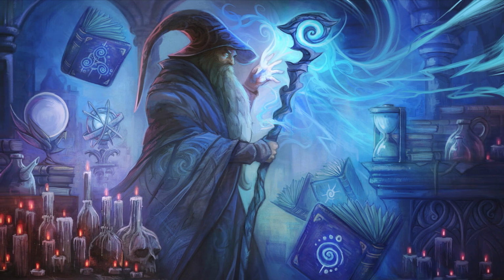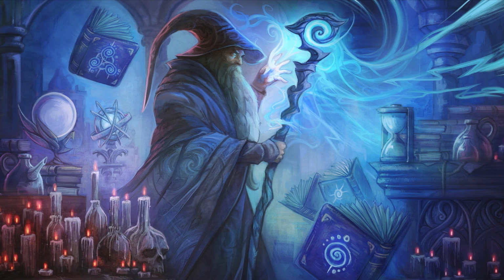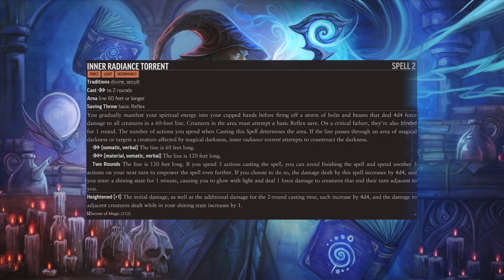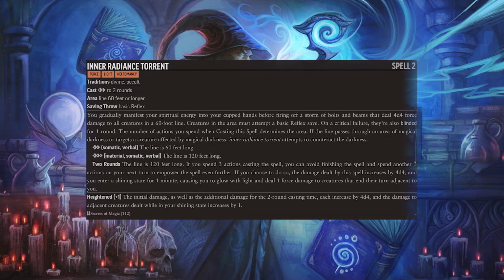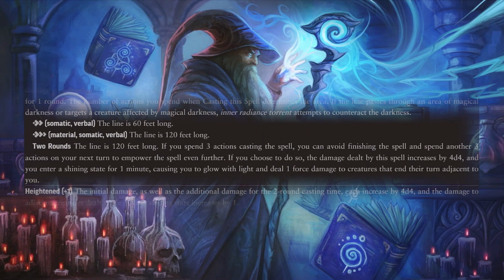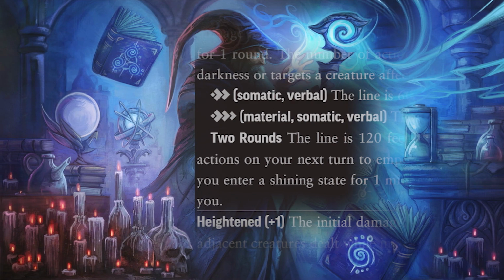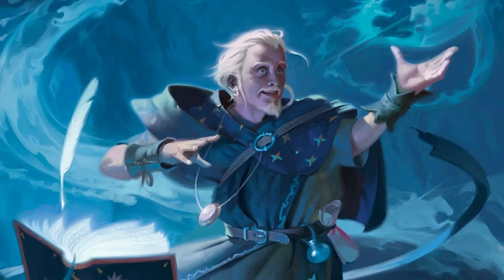There are also a few spells that take 2 whole turns to do for a massive payoff. A 2nd level spell called Inner Radiance Torrent has 1, 2, and 3 action casting, but also a 2-turn cast, 6 actions in total for a massive damage boost.